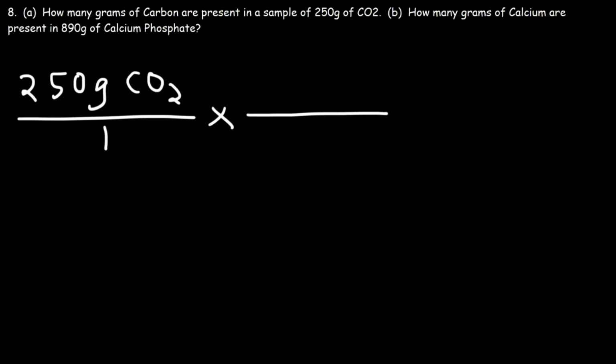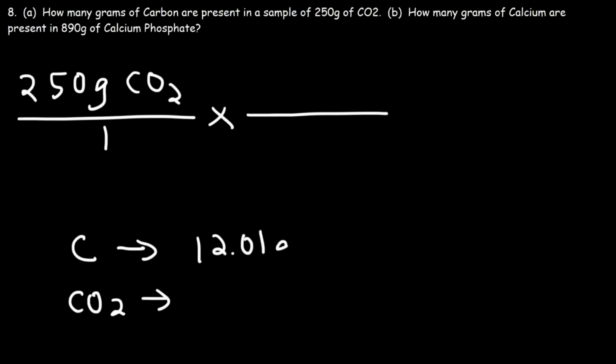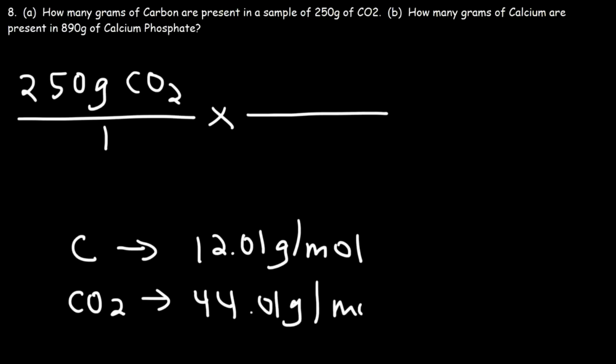Now here's a question for you. What is the molar mass of carbon, and what is the molar mass of carbon dioxide? The molar mass of carbon, we know, is 12.01 grams per mole. And the molar mass of carbon dioxide is going to be 12.01 plus 2 times 16, which turns out to be 44.01 grams per mole.